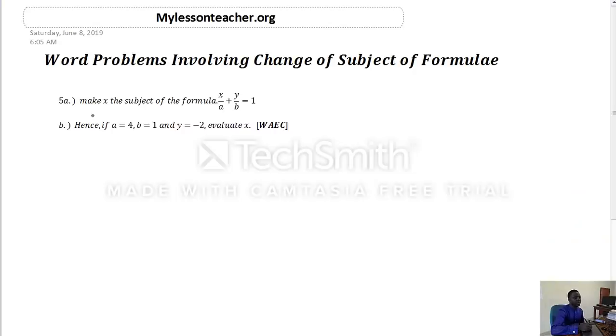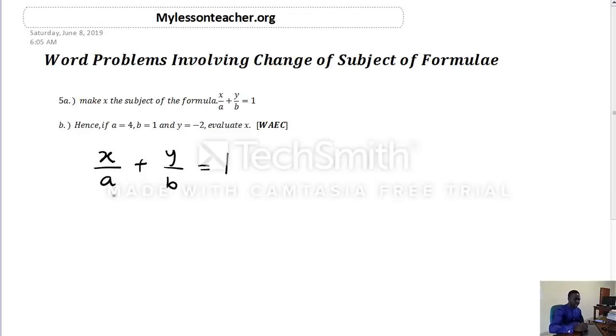Question number 5 says we should make x the subject of the formula from this relationship, and b part says hence if a is equal to 4, b is equal to 1, and y is equal to minus 2, we should evaluate x. So first and foremost, let's make our x the subject of the formula, of which the equation is x over a plus y over b is equal to 1.